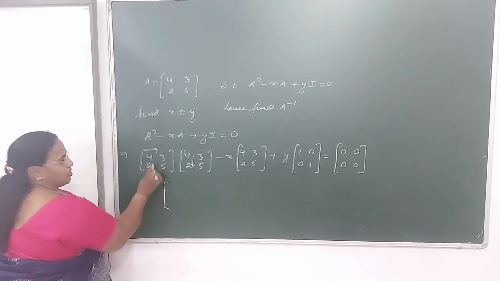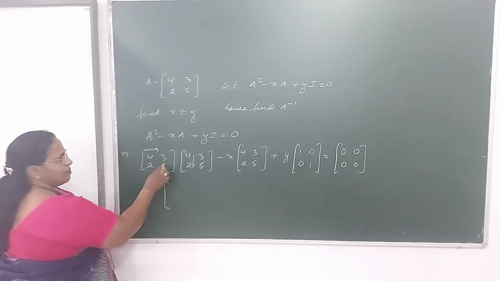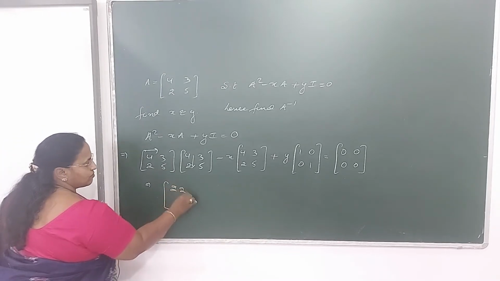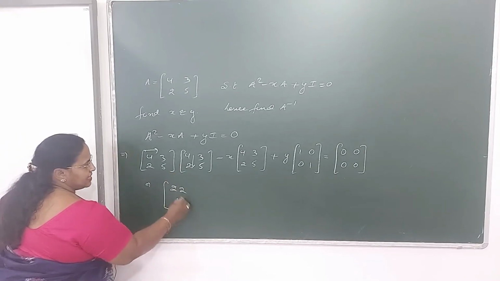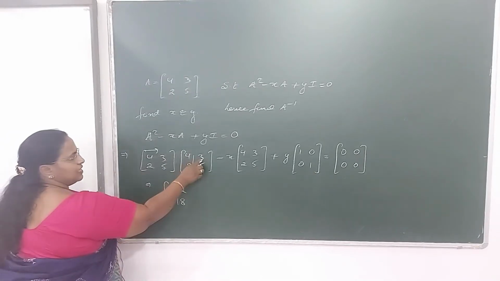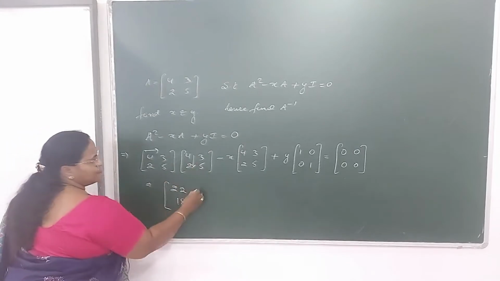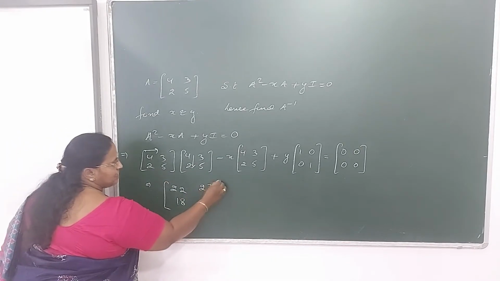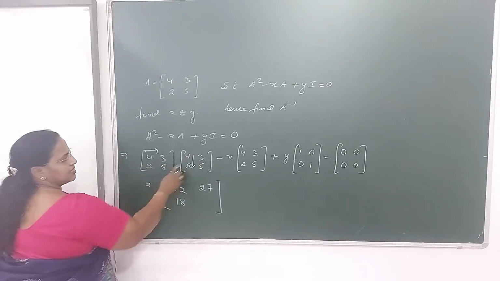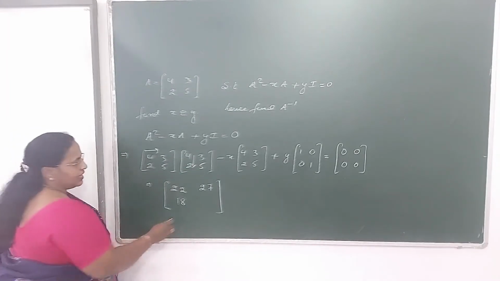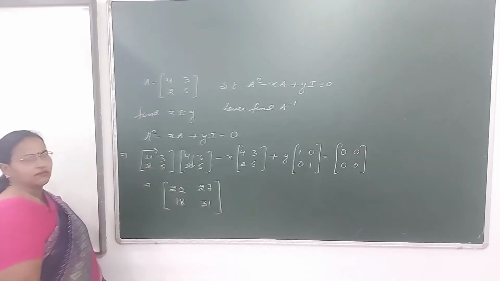So let us multiply. Here it is 4 into 4, 16, plus 6, it's 22. 2 4s are 8, 8 plus 10, it's 18. 4 3s are 12, 12 plus 15, it's 27. 2 3s are 6, 6 plus 25, it's 31.